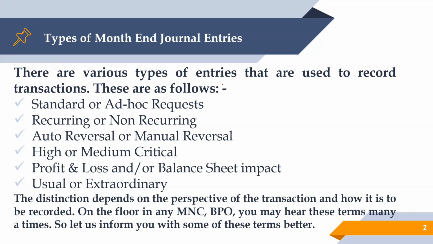We are going to discuss the types of month-end journal entries and try to know the meaning of them and when we have to use them: the standard journal entry or ad hoc request, recurring or non-recurring journal entries, auto reversal or manual reversal, high or medium critical journal entries, profit and loss or balance sheet impact journal entries, usual or extraordinary journal entries. We are going to see each term and discuss more on that.